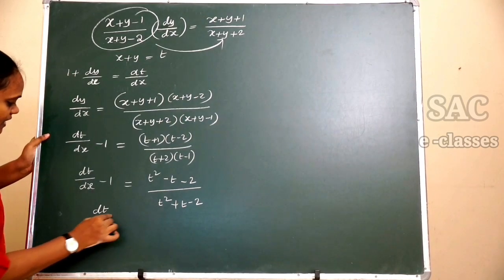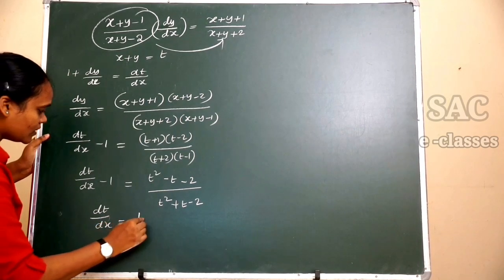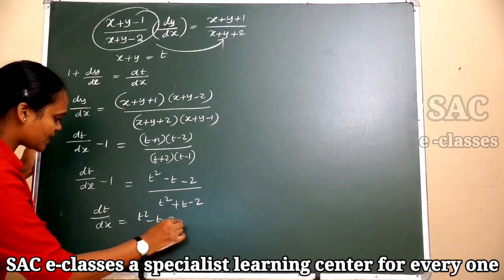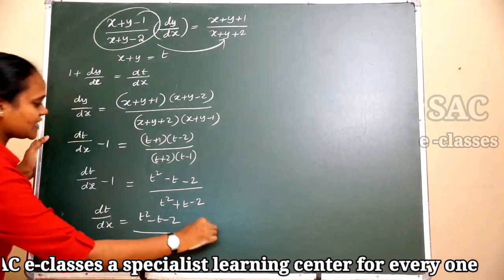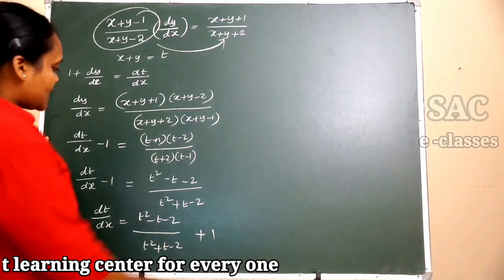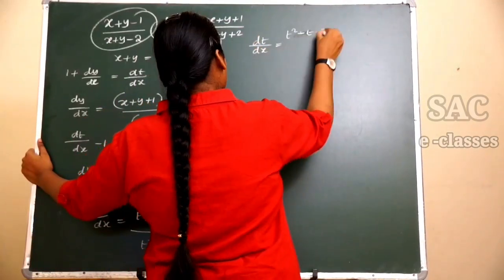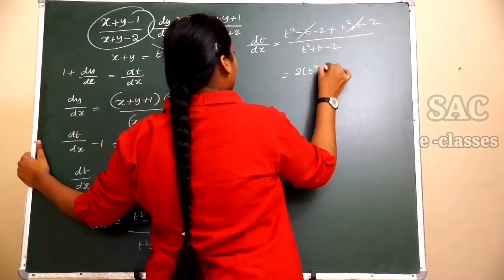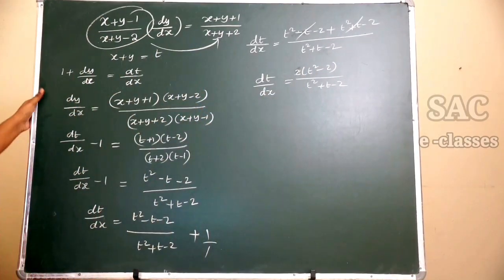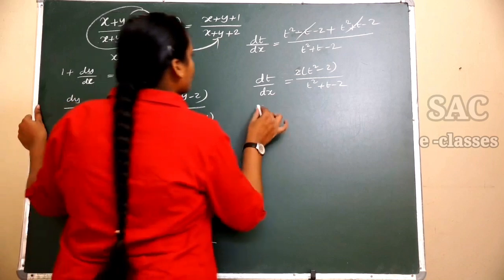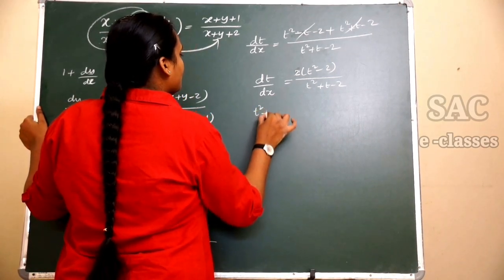So dt by dx is equal to t square minus t minus 2 by t square plus t minus 2 plus 1. Let's simplify. After simplifying this, you get dt by dx equal to 2 into t square minus 2 by t square plus t minus 2.